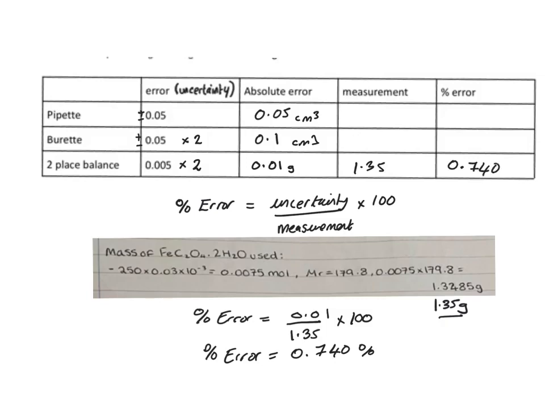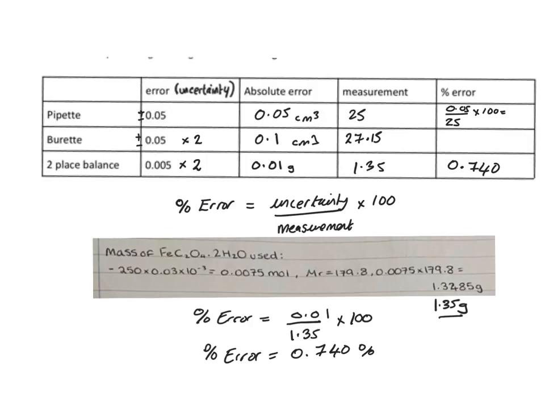The measurement for our pipette was 25 centimetres cubed, and for the burette that was your titration volume. Say, for example, a student got an average titration volume of 27.15 centimetres cubed. That came from the burette. So the percentage error for the pipette is the absolute error, which was 0.05, divided by the measurement, which was 25, times by 100.